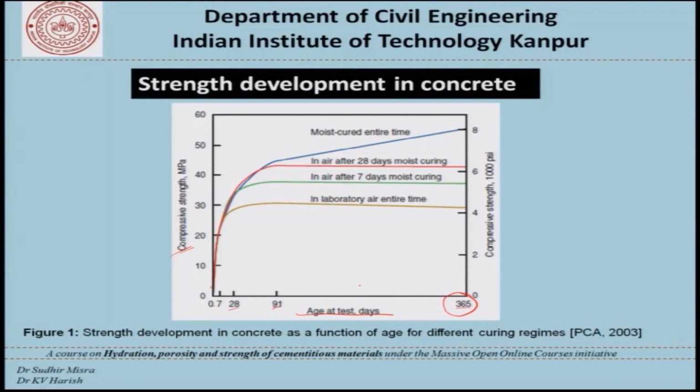Now, we have also discussed when we were talking about paste systems that this strength development is essentially related to the process of hydration, because at the end of it we have repeatedly emphasized that as far as concrete is concerned, cement and water are the only reactive components in this material, and their hydration and their continued hydration, as a matter of fact, formation of more and more CSH gel and other hydration products, that is what is contributing to strength.